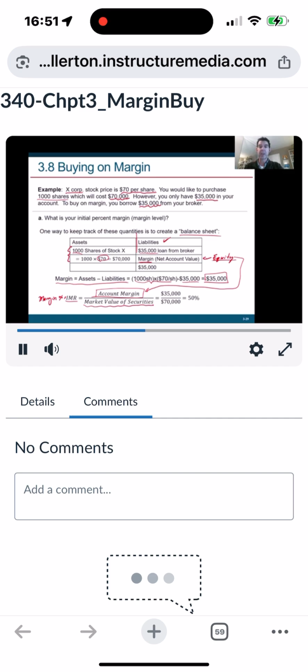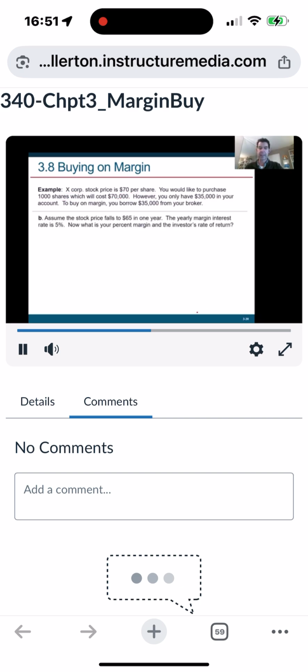What are the securities associated with the account? That's the 1,000 shares of stock X. How much are those worth right now? 70,000. So my account margin is 35,000. The market value of securities is 70,000. I take that ratio and I get 50%. So that was sort of a long way of something that was obvious. I put up half of the money, so my margin percent was 50%.